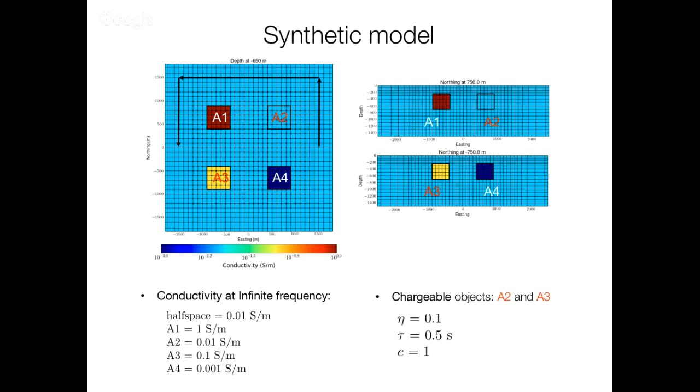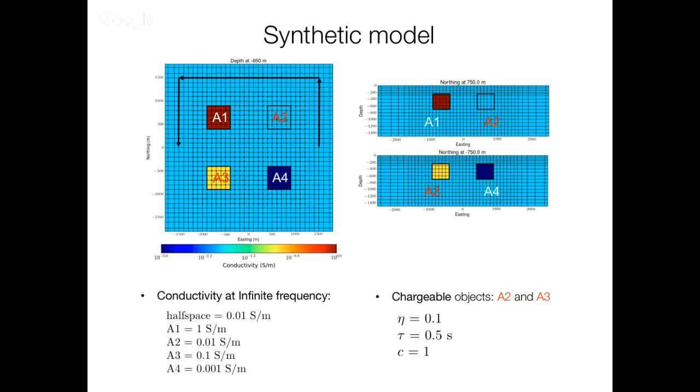The second one is moderately conductive, so that's 1 Siemens per meter, then 0.1 Siemens per meter, which is the same as the background, and this one is resistive. We'll cut away and have two sections through here. The objects A2 and A3, these two, are chargeable. We're just going to put C equal to 1, that's a Debye model.